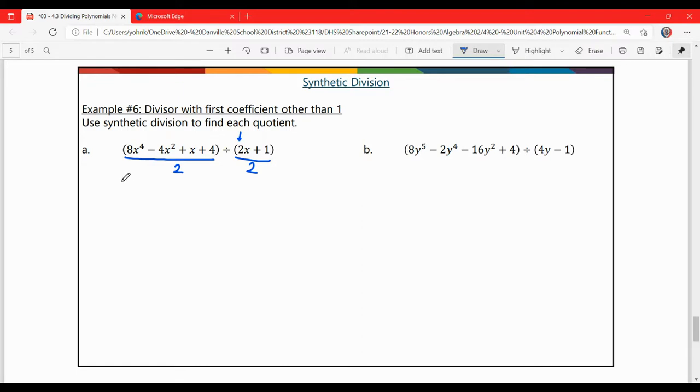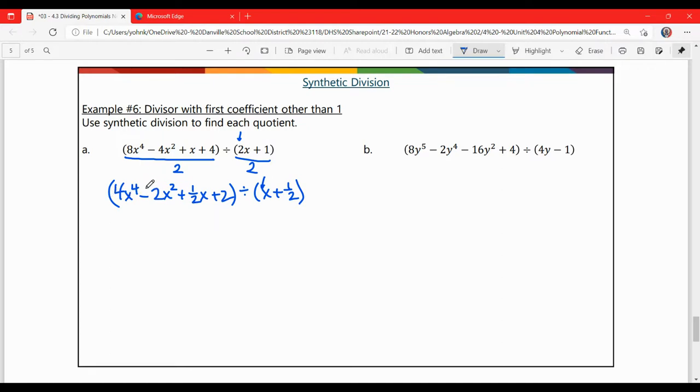So my problem becomes 4x to the fourth minus 2x squared plus a half x plus 2, all divided by x plus 1/2. Now that I have a coefficient in front of a 1, I can do my synthetic division.